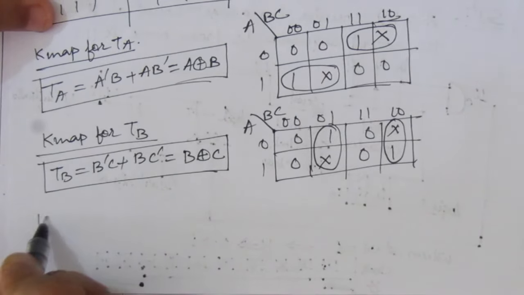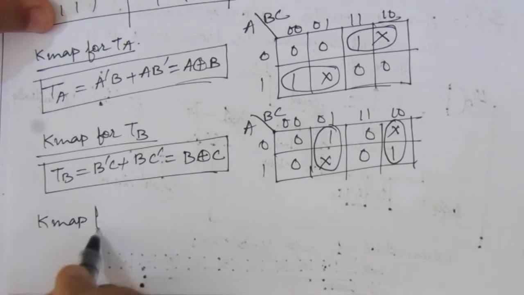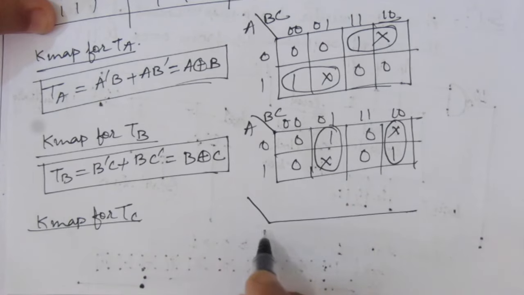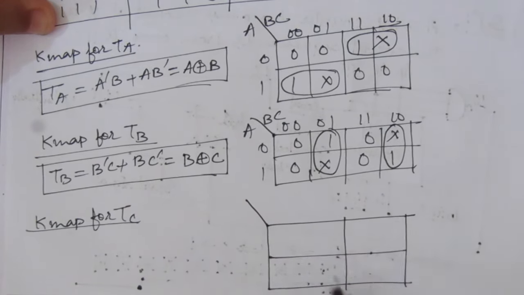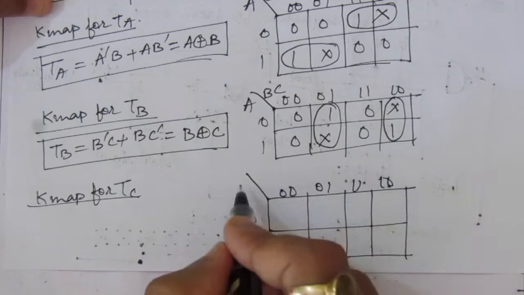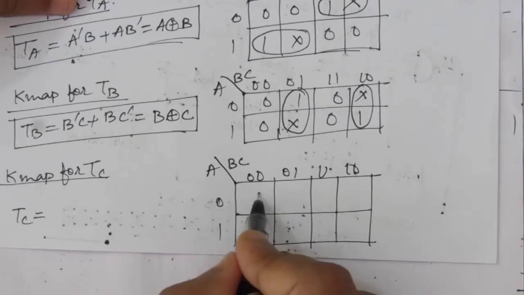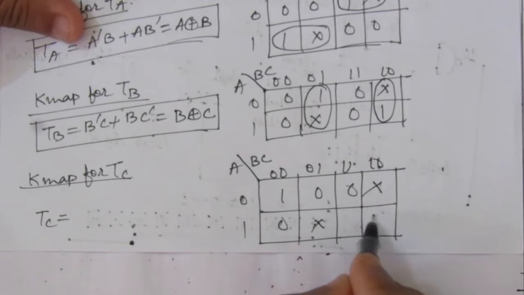Okay, now we'll make the K map for TC. So here also we'll have a 3 variable map. So here we have to put the TC values. So TC values are 1 0 don't care 0, then we have 0 don't care 0 1.